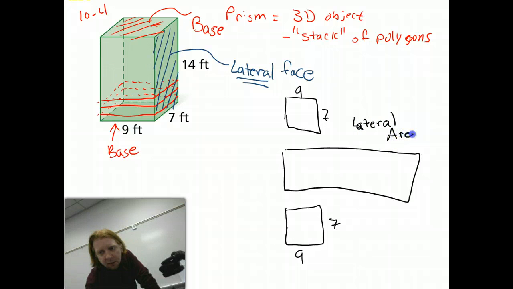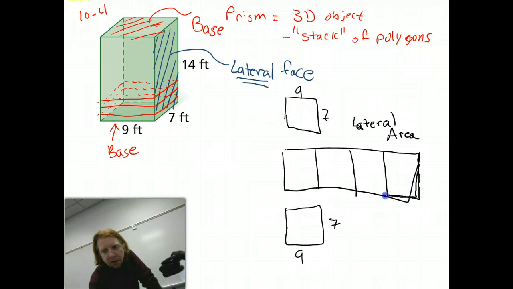That's the one made up of the 4 lateral faces. And so each of these are going to be 9 by 14, 7 by 14, 9 by 14, 7 by 14.